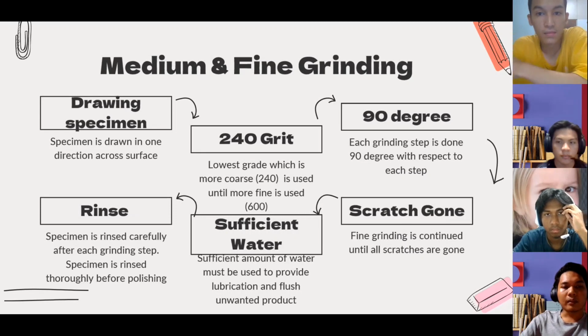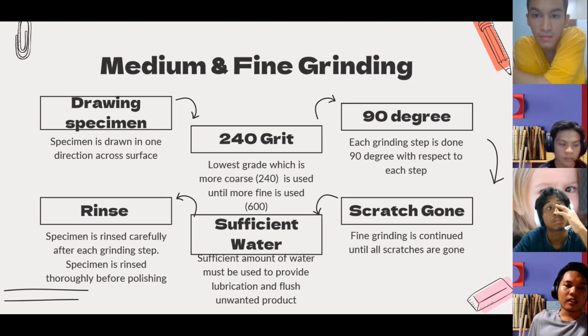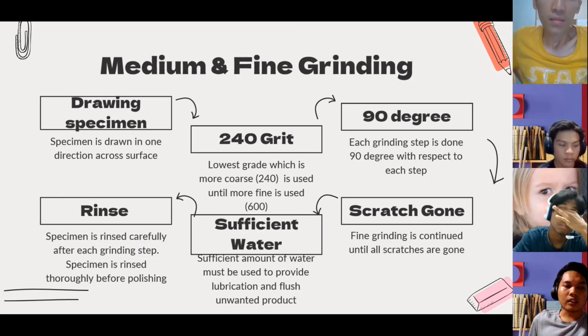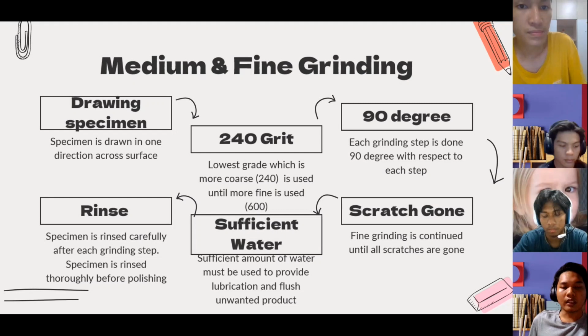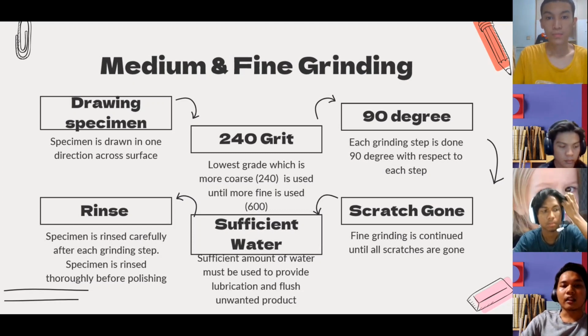And now for the medium and fine grinding steps. The first one is as usual, we need to draw a line on the specimen. And after this, we must use a 240 grit, which is the lowest in the fine category. After each grinding step, we must rotate the sample at 90 degrees to the previous scratches.